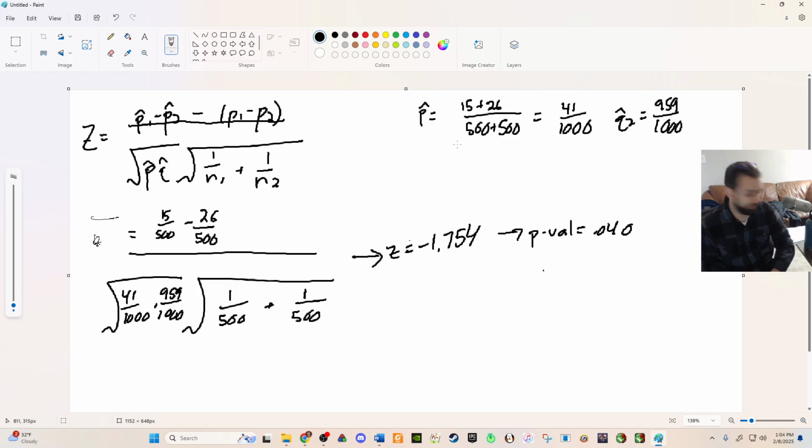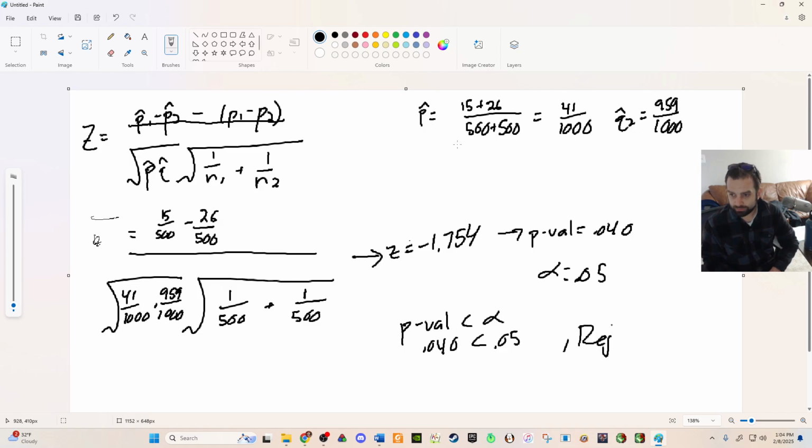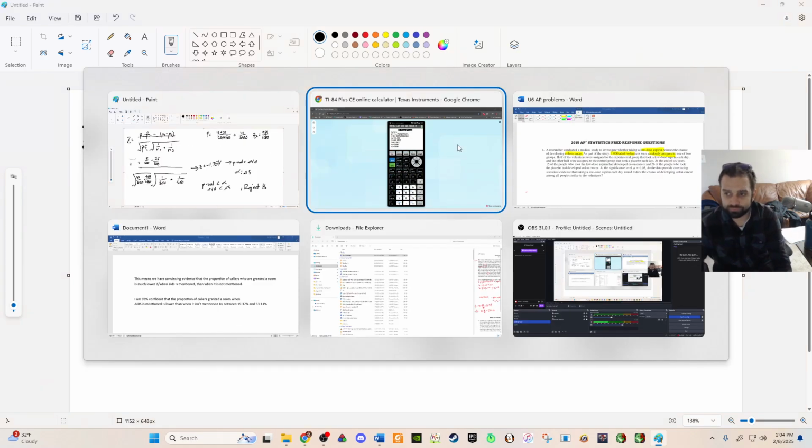Okay, and we are told to use the alpha level of 0.05. So that means p-value less than the alpha. So let's interpret that.